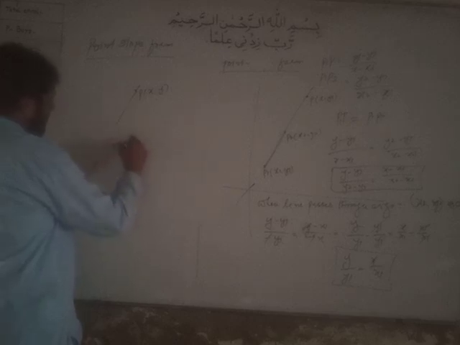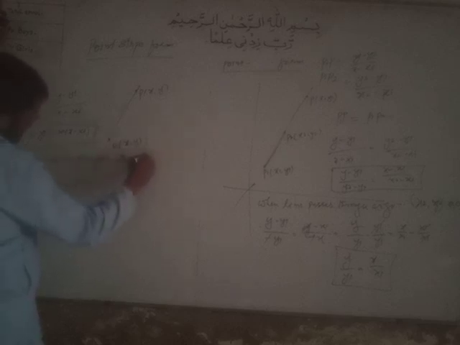So this is x1 and y1. So the slope, we can say, m is equal to (y minus y1) upon (x minus x1). By cross multiplication, y minus y1 is equal to m into (x minus x1). Okay. So this is the point and slope form.